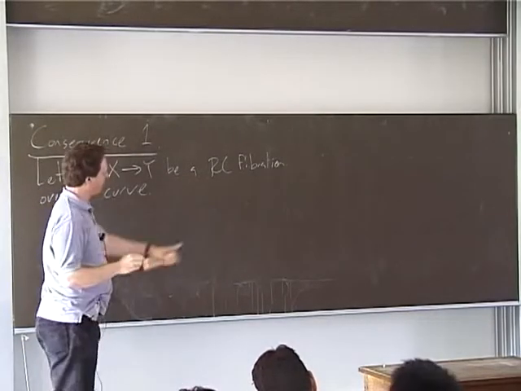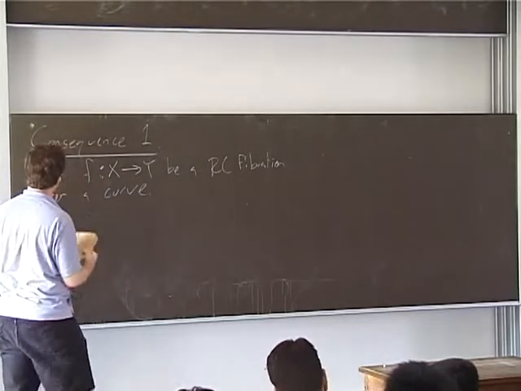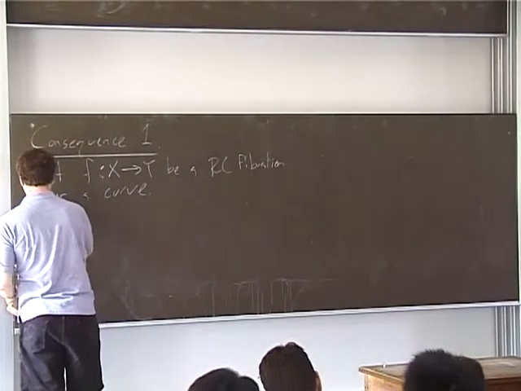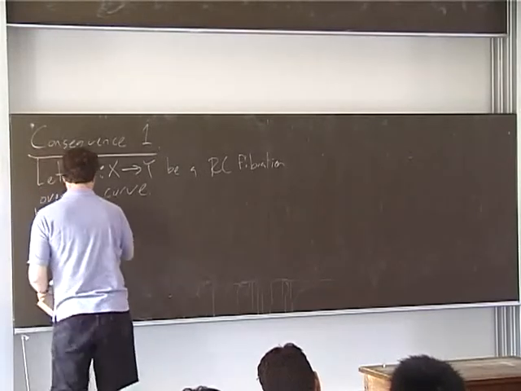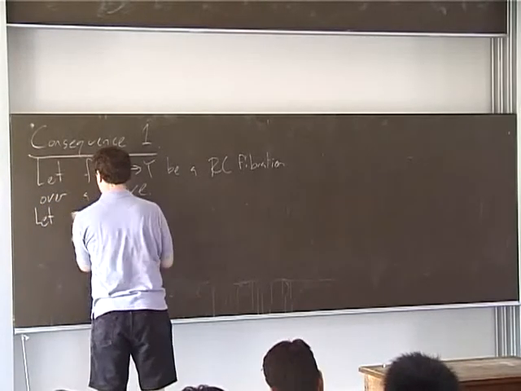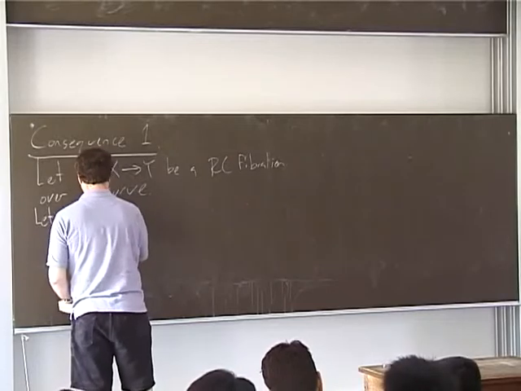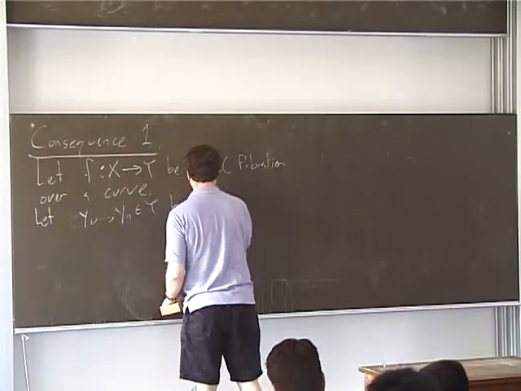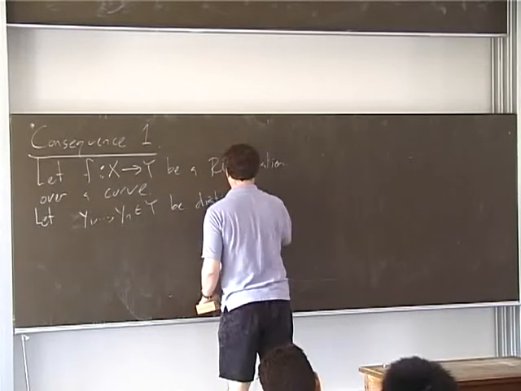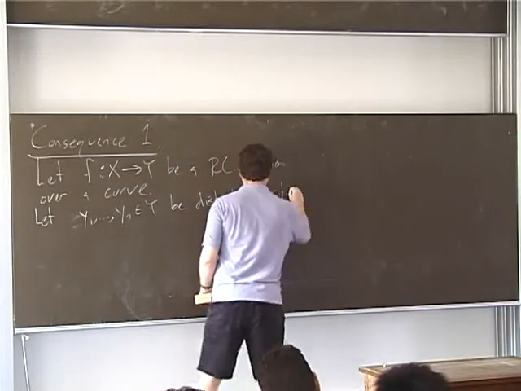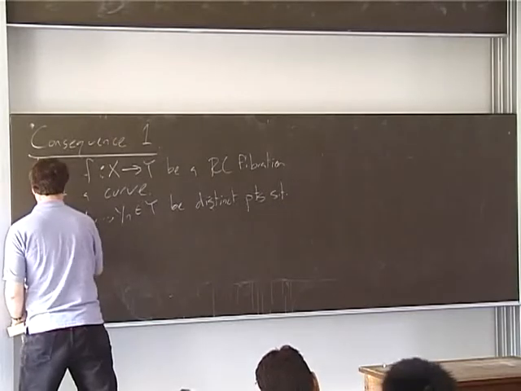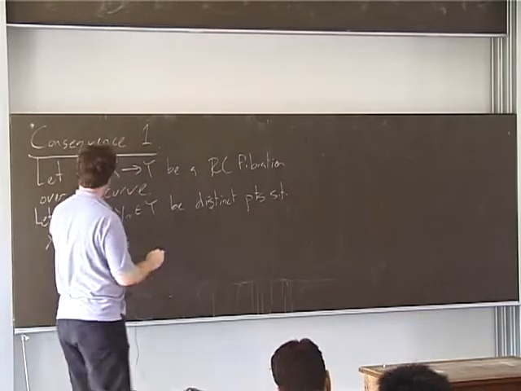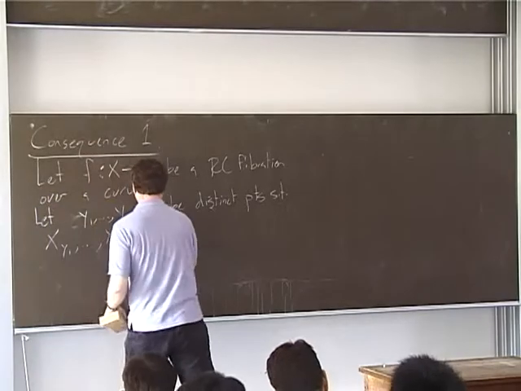Then the theorem will tell you that there exists one section, but what these guys recognized is this: let y1, y2, well, any collection of points actually, be distinct points such that the fibers x_y1, ..., x_yn, the inverse images of these points, are smooth.